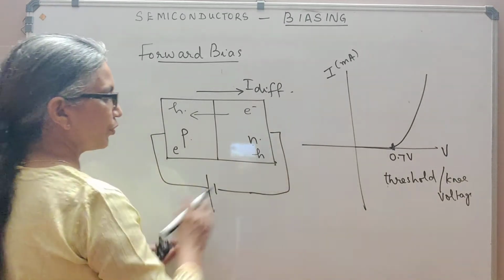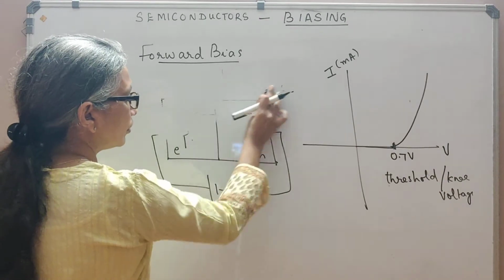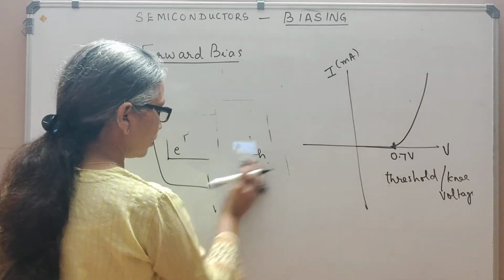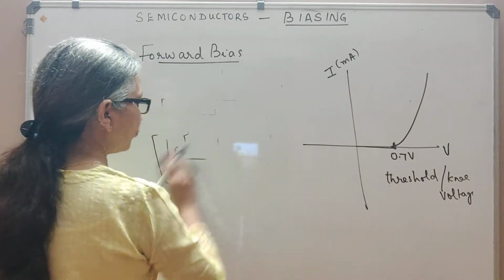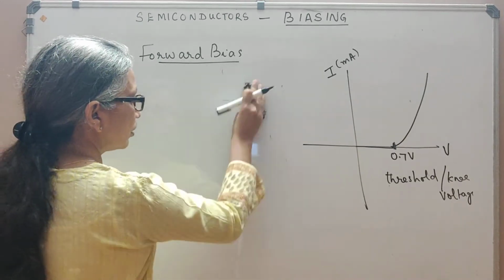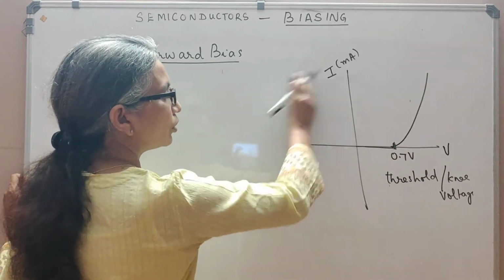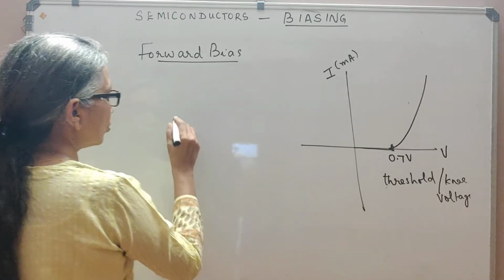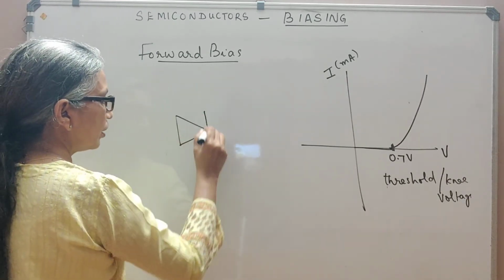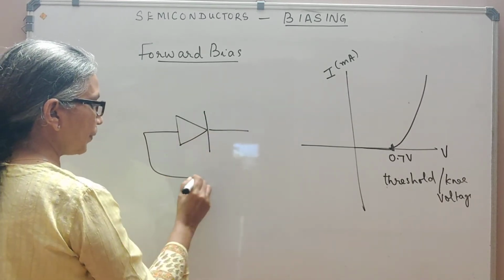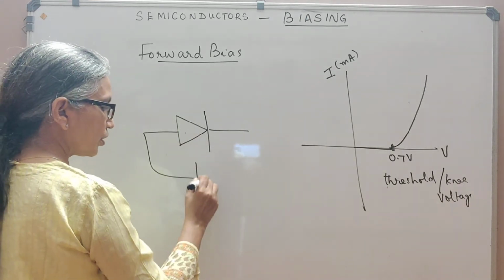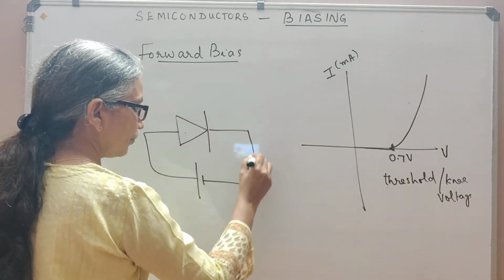So we have the graph here, and in the lab, when you do this, you need to draw a graph. You will need to measure the voltage and the current, right? So your PN junction is connected to an external supply, P to positive and N to negative.